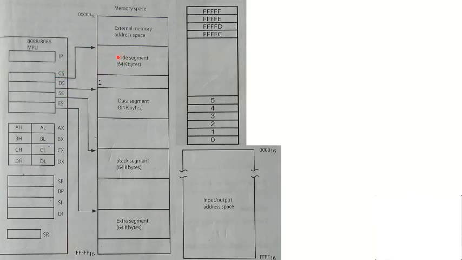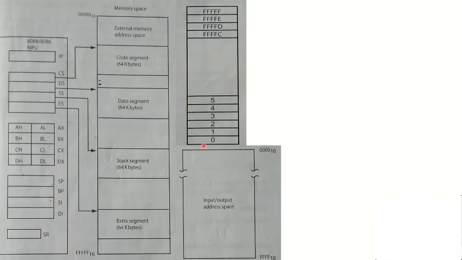Similarly, the data segment register will hold the starting initial address of the data segment, because these are 16 bit registers. Similarly, these are general purpose registers, stack pointer and base pointer register, and these are called index registers.